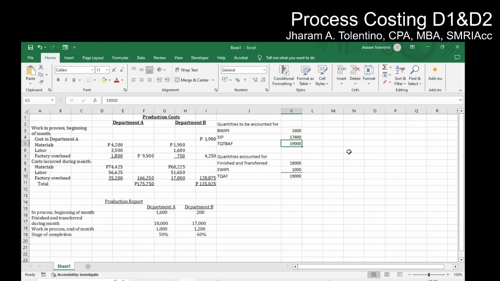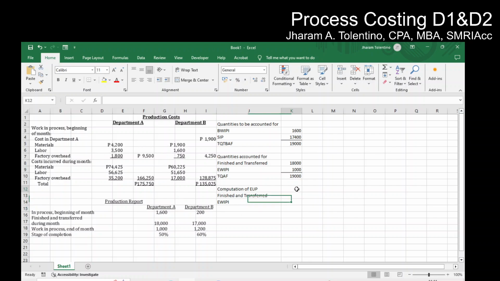After that, we have to compute for the EUP. So we have finished and transferred, and then ending work in process inventory. What do we have?